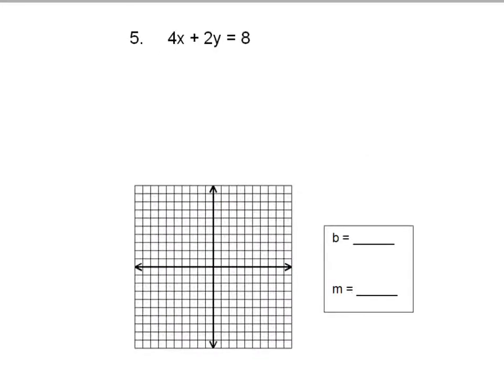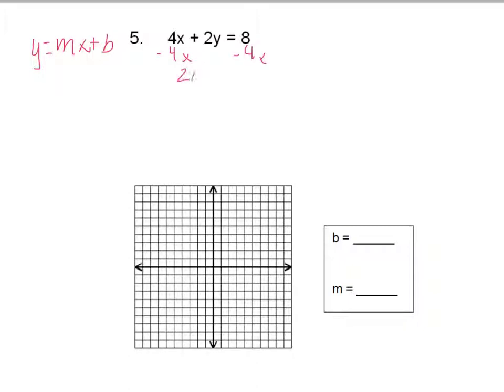Alright, on example 5, it's the same thing. We're going to graph this line. But as you can see in our first step, step 1, we need to make sure that the equation is set equal to y, because that's what gives us the easy formula, y equals mx plus b. So we're going to go ahead and take this equation and solve it for y. So I'm going to subtract 4x from both sides.